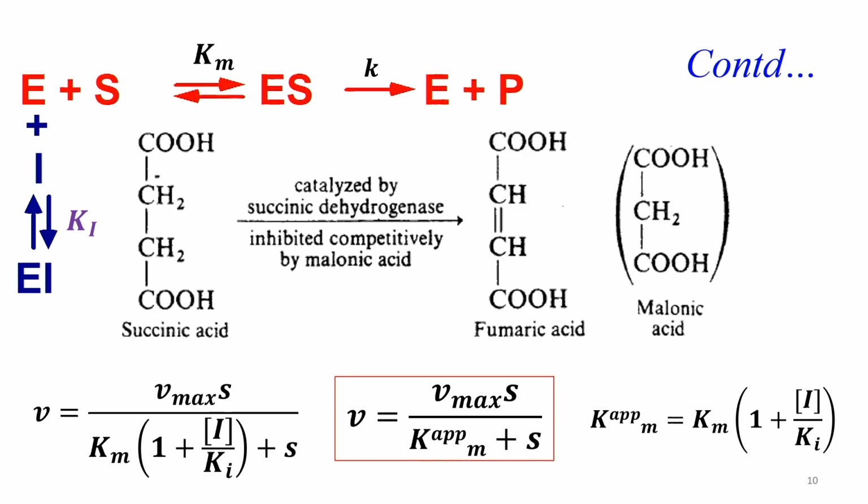As you remember, the Michaelis-Menten dissociation constant Km is defined as K minus 1 upon K1, K is the K catalytic, and Ki is the inhibitor dissociation constant.